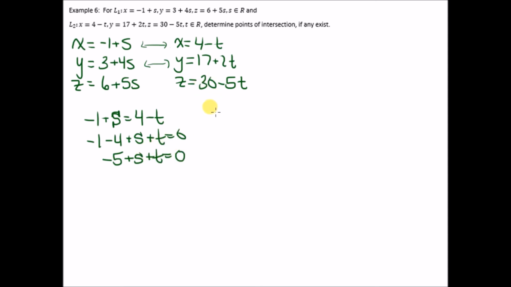Now let's do the same thing for the y's. 3 plus 4s equals 17 plus 2t. So 3 minus 17, I get -14 plus 4s minus 2t equals 0.